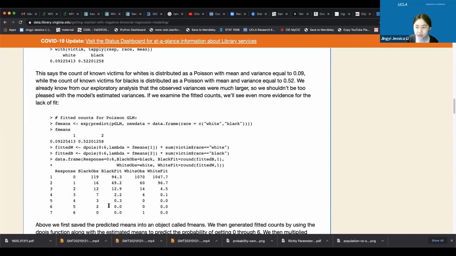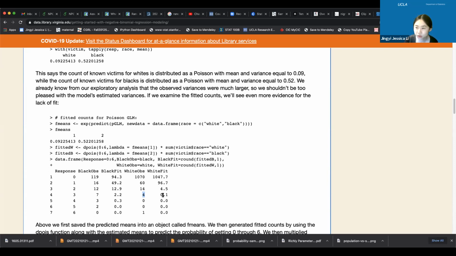The key difference is that the fitted or expected values are more concentrated on the low counts, while the observed values are more dispersed at the larger counts. The same phenomenon exists for white people. We still have 4 people who know 4 victims, but our expected value is only 0.1.